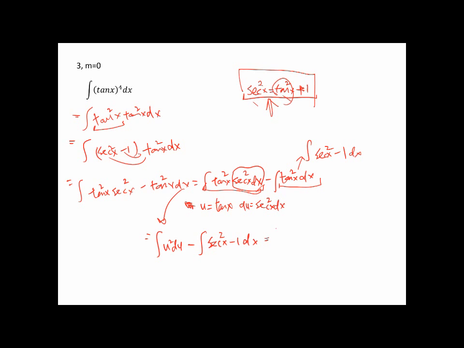So we get 1/3 u cubed minus the integral of secant x squared dx plus the integral of 1 dx. I can put the u back: 1/3 tangent x cubed minus, and this part is simply tangent x, plus c. Okay, so this is my answer here.